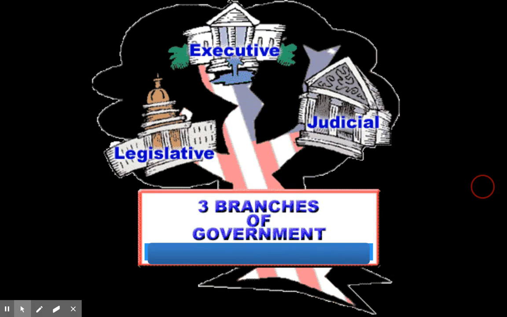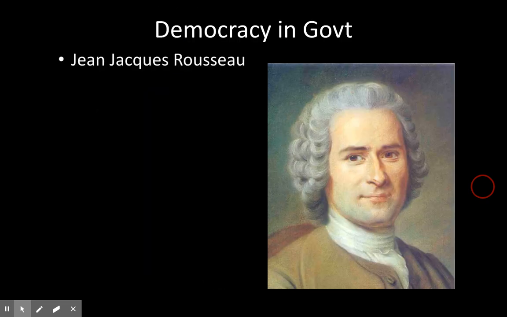He's the guy who says we should have a legislative branch that makes the laws. In our country, we call it Congress. He says you should have an executive branch, right? That enforces the laws or executes the laws. And that, of course, in our country is the president. And you should have a judicial branch that reviews the laws and makes sure that they're fair and just. That's the judicial branch. In our country, the Supreme Court, okay? And those separate but equal.